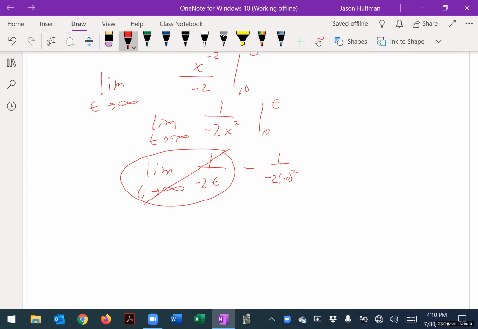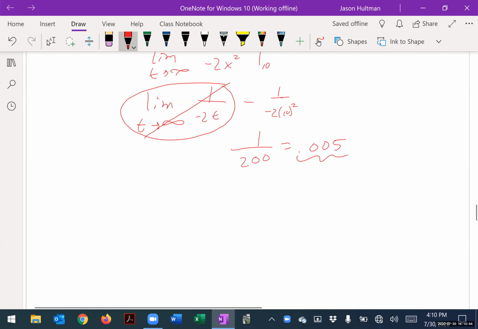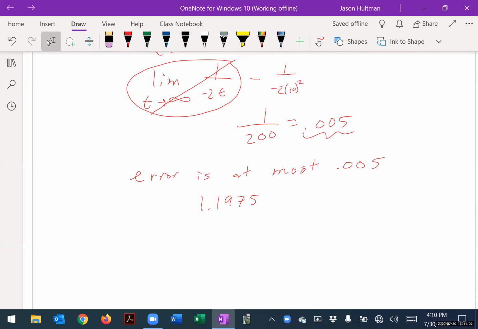So this is 0 minus a minus, so this is plus 1 over 2 times 10 squared, which is 1 over 200, which is 0.005. So the error is at most 0.005.